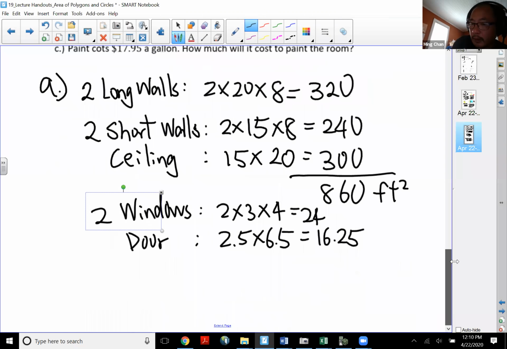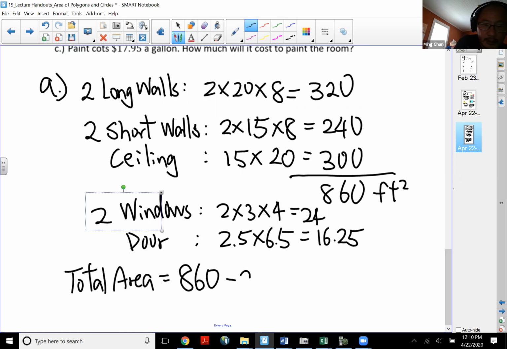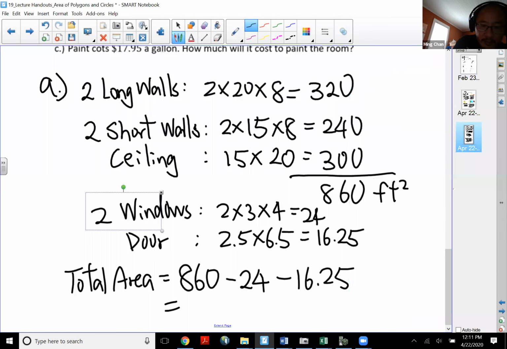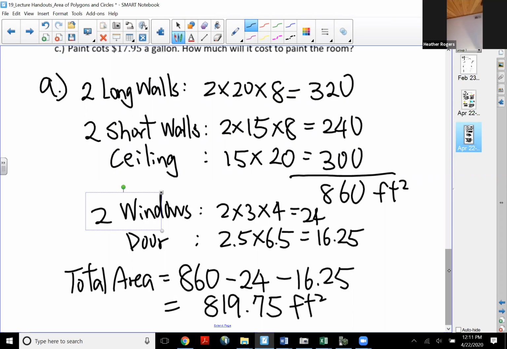If I'm not going to paint over my windows and the door, that means my total area is 860 minus the 2 windows and minus the door. This will tell me how much area we're going to do. Minus 16.25, 819.75 square foot. That will answer the first question.